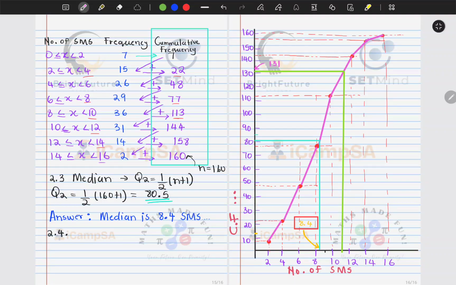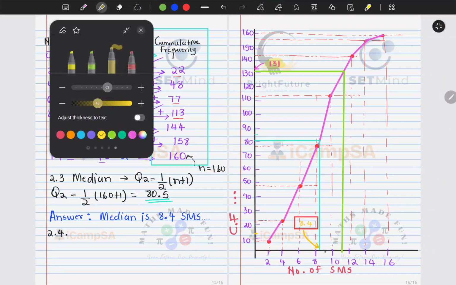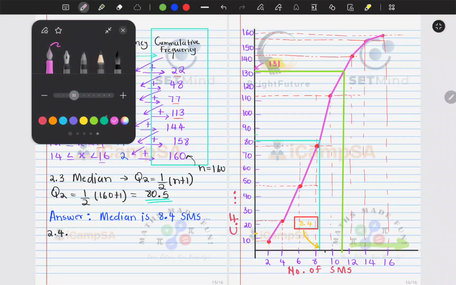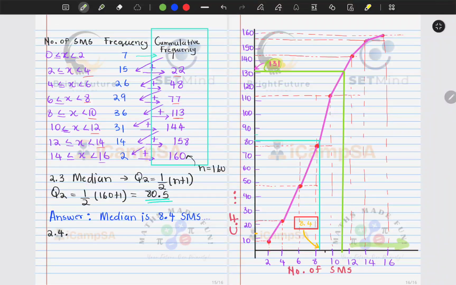But now what we need to think of is that remember that this 131 here is actually compounding, okay, from all the SMSs. So in order to figure out the real answer, we need to look to the right of this curve here, which is that at 11 SMSs, the cumulative frequency has become 131. But remember, we have a maximum of 160.